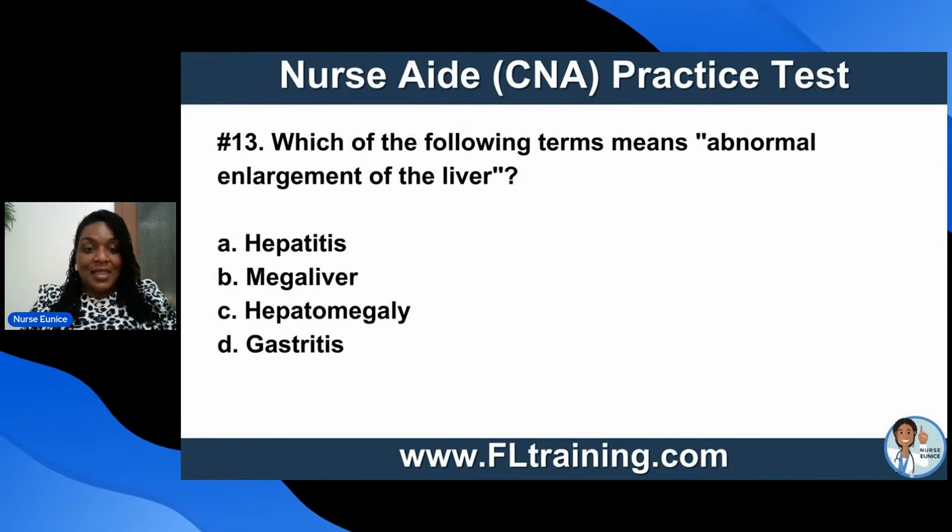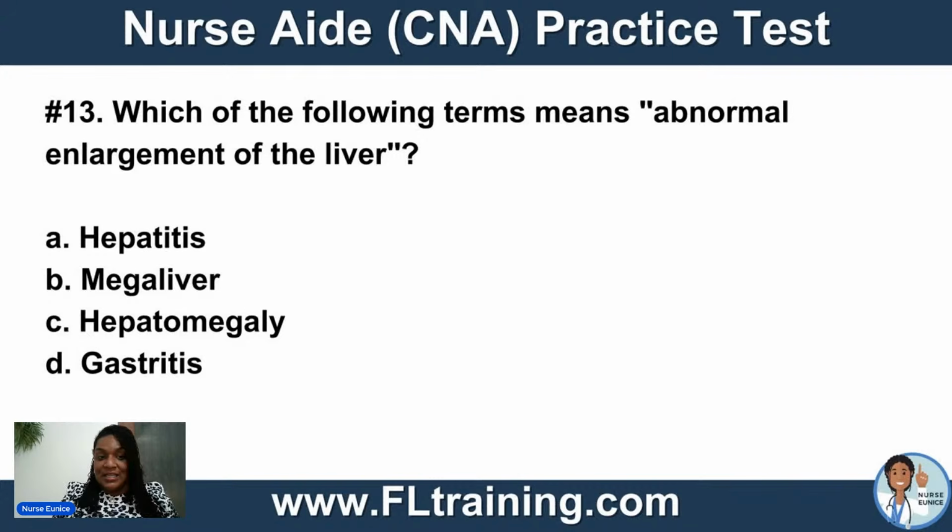All right, question number 13. Which of the following terms means abnormal enlargement of the liver? Is it hepatitis, megaliver, hepatomegaly, or gastritis? Let's see. What do you have, team, for question 13?